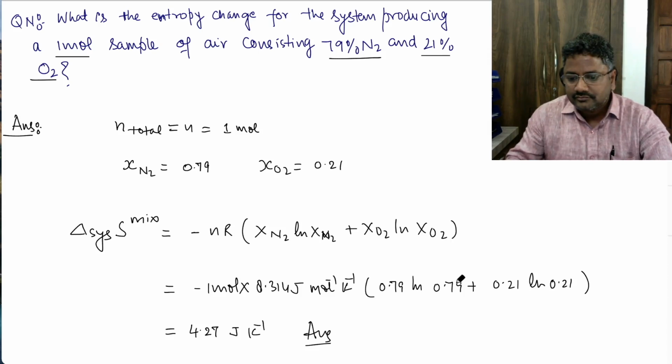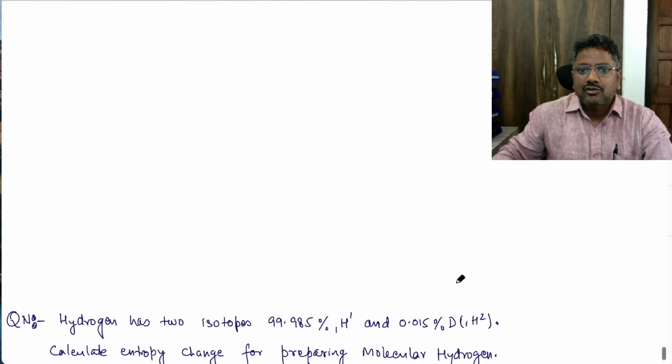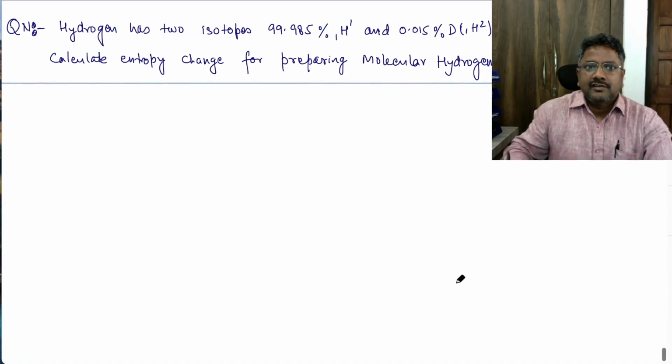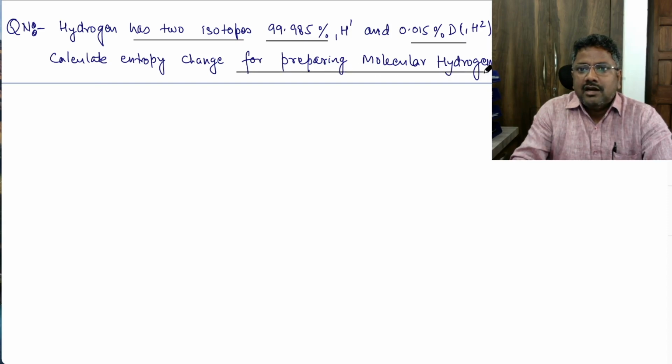Now, similarly, one more question is given. Hydrogen has two isotopes. One H we are considering, and this D. Calculate the entropy change for preparing molecular hydrogen.